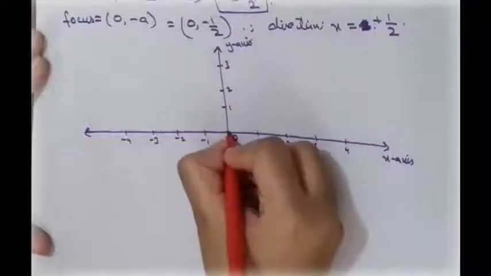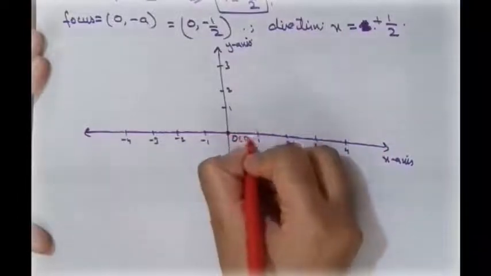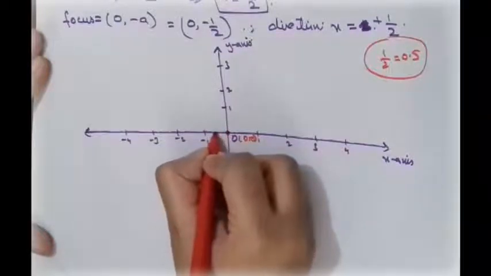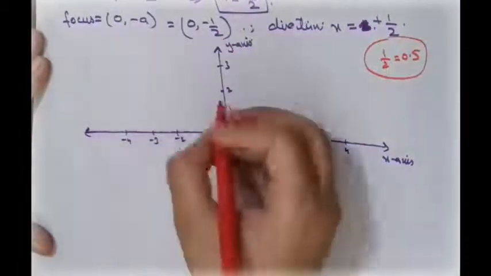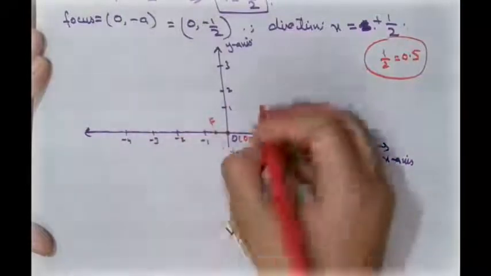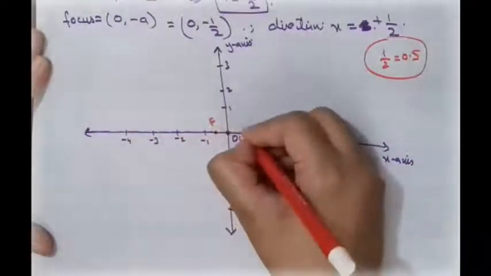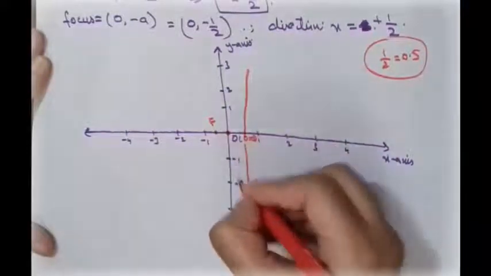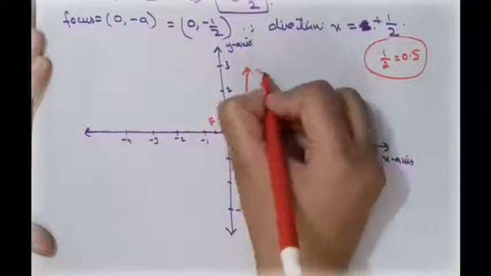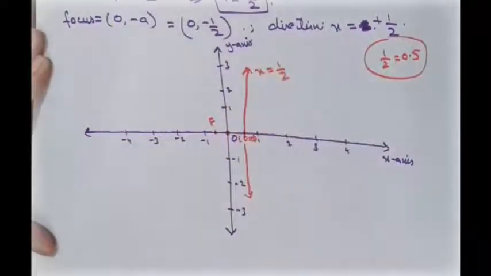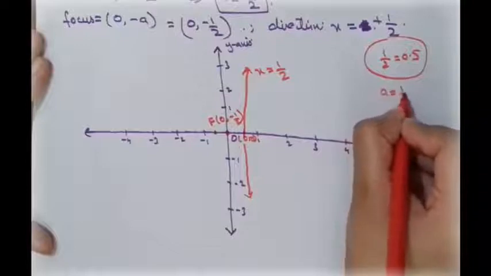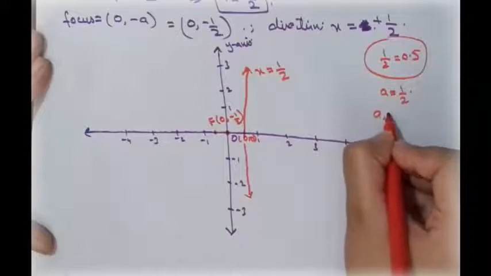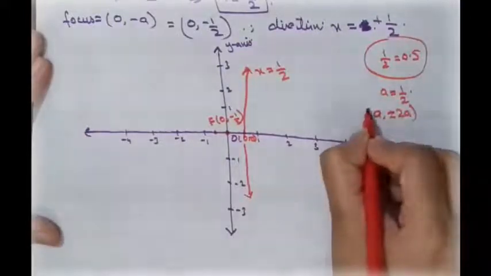So here is our vertex point, which is 0, 0. On the x-axis the 0, and on the y-axis the value here, so here is our focus. And if there is a focus, then here is our directrix line, just like that, x equals 1 divided by 2. If a equals 1 divided by 2, then the endpoints will be a, plus minus 2a.